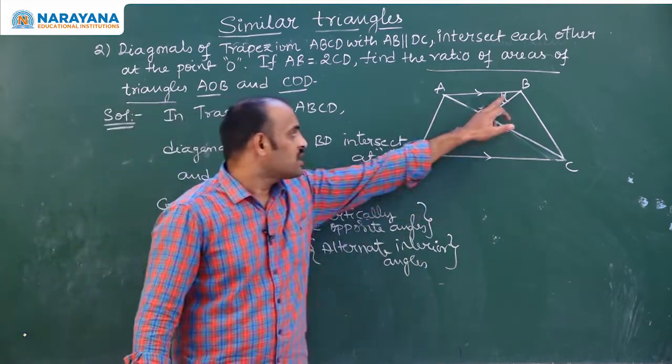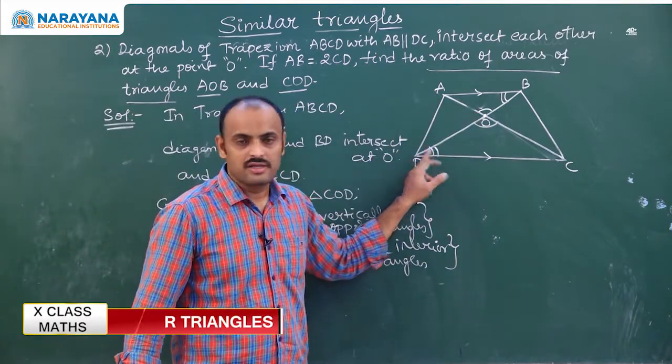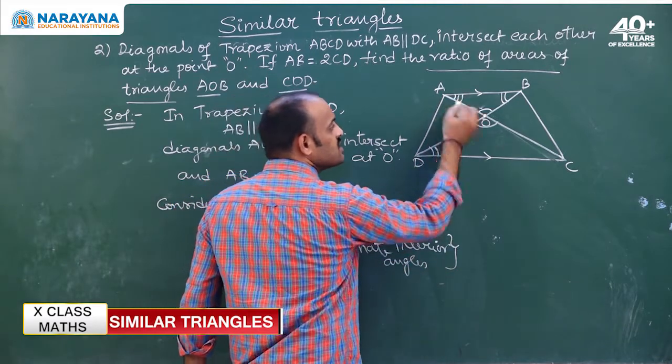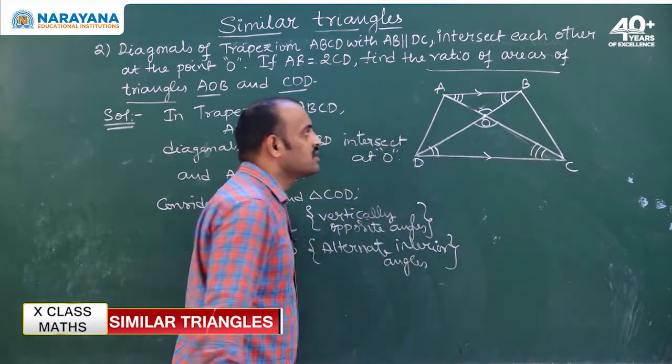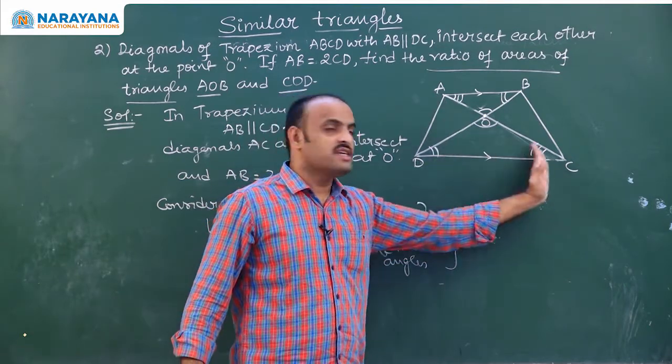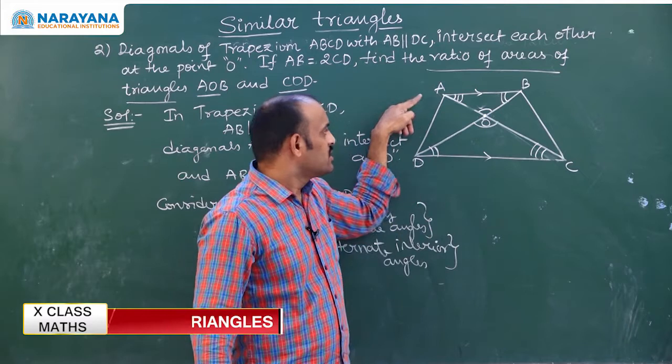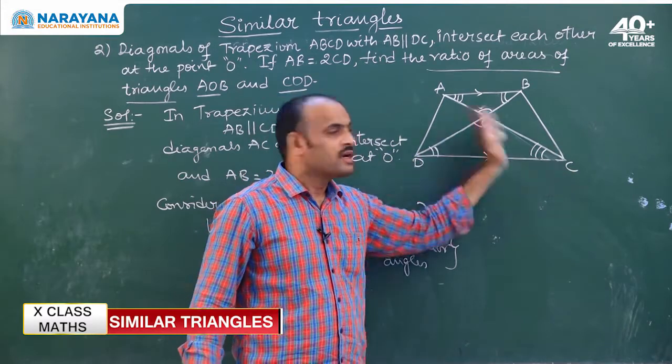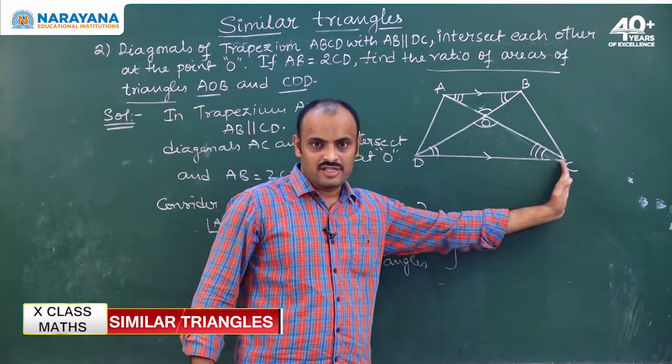Reason? Alternate interior angles. And the angles here and here are also equal. The reason? They are also alternate interior angles, as AB is parallel to CD and AC acts as transversal.